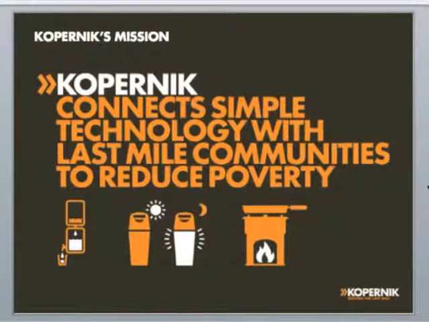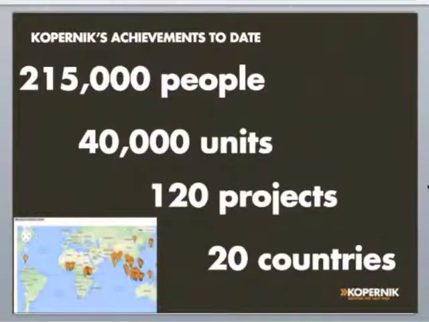The organization was started by Toshi Nakamura and Eva Wojkowska 4 years ago. To date, we've implemented projects in 20 countries and have come up to about 120 projects. Through these projects, we've distributed over 40,000 units of products, reaching 215,000 people. Our geographical focus has mainly been in Southeast Asia, as you can see on the map on the lower left.